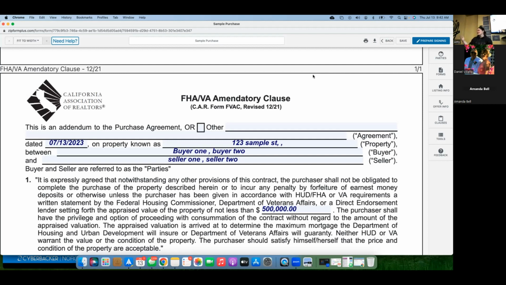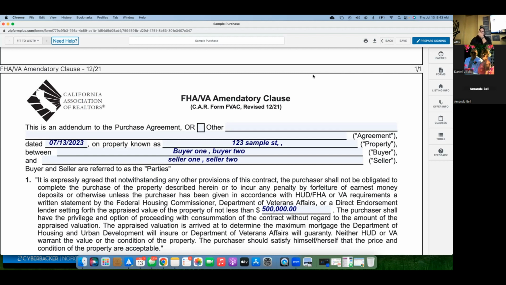So it's totally up to the seller. There's no requirement for them to respond. If they don't respond, or they respond verbally that they're not going to accept those repairs, keep in mind that if they are going to accept any of the repairs, it needs to be in writing, so we have it in the contract.